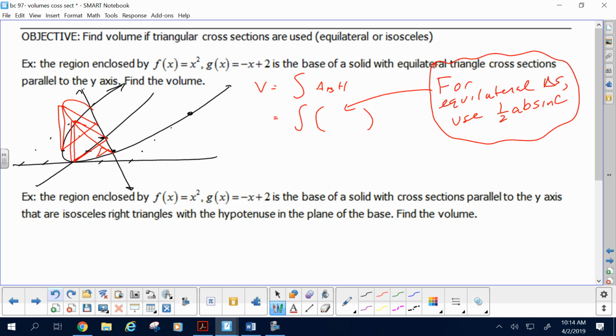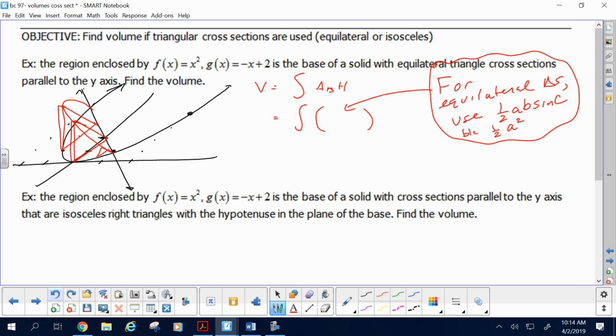Your life will be harder. For equilateral triangle, it's so much easier. Here's why. Because if it's equilateral, what do you know about A and B? Please put your phone away before I slap you with it. Okay? What do you know about A and B? They're the same, right? And so that would be A squared.